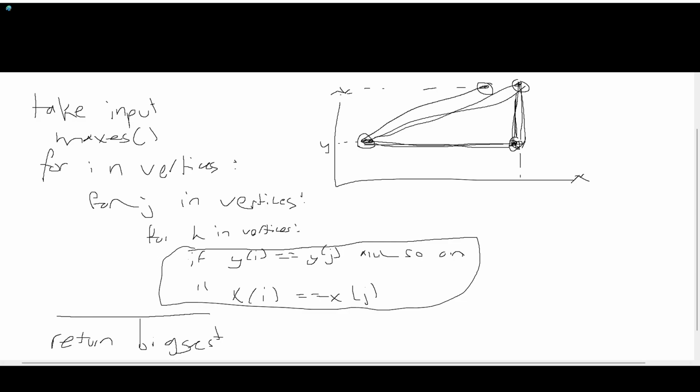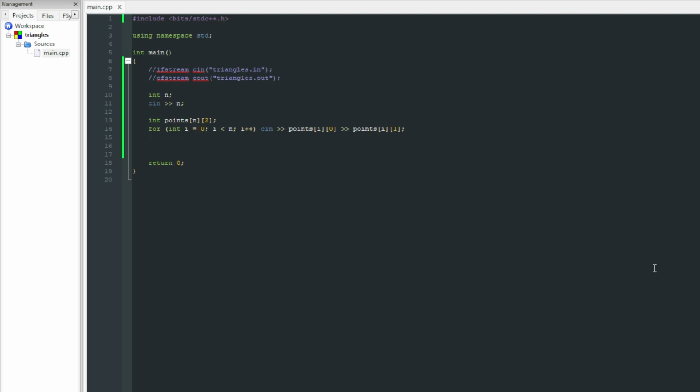Let's code it up. All right, so we got a skeleton for the code that we're going to implement our algorithm in. We have #include <bits/stdc++.h>, and that's basically going to include every single package we need for USACO. We also have using namespace std, which makes it a little easier to write. And since this is an older problem, we're also going to use the file input output stuff.